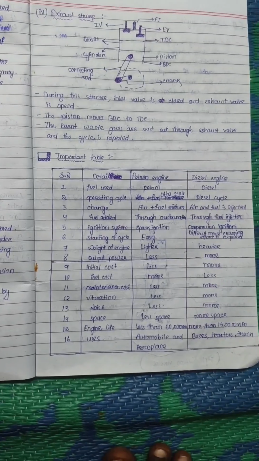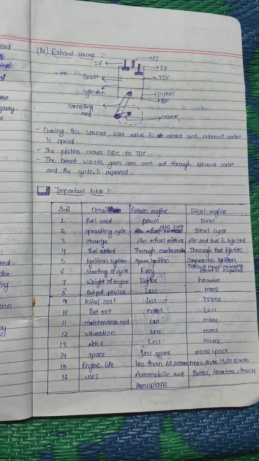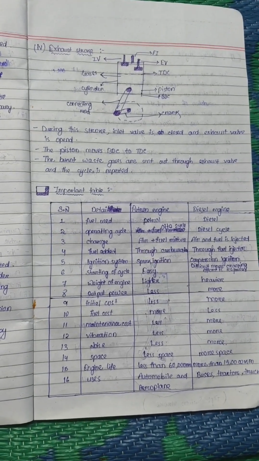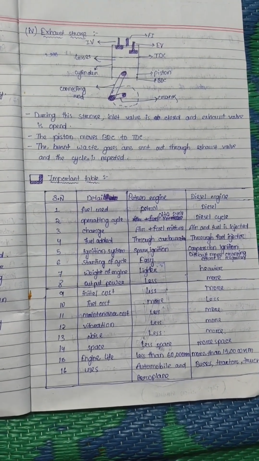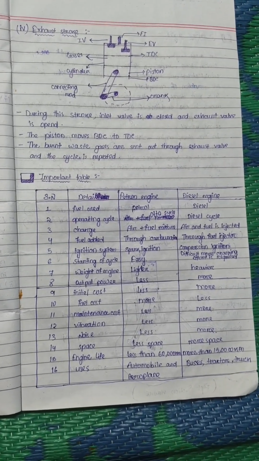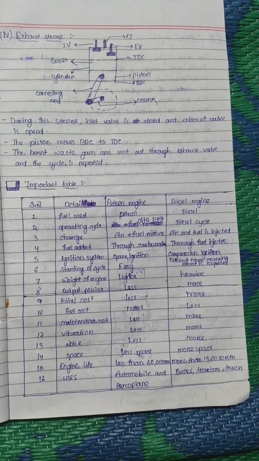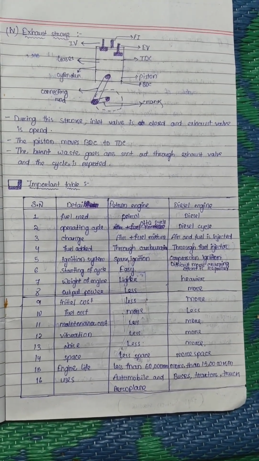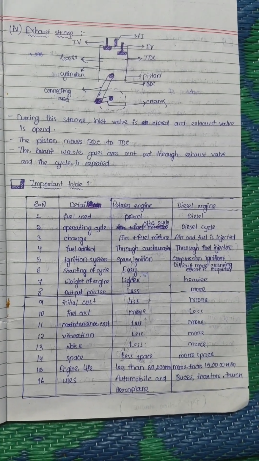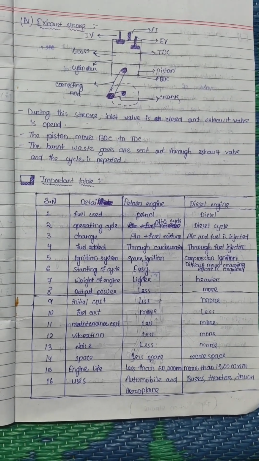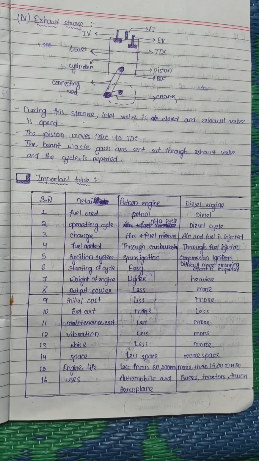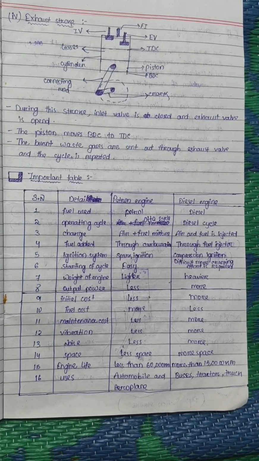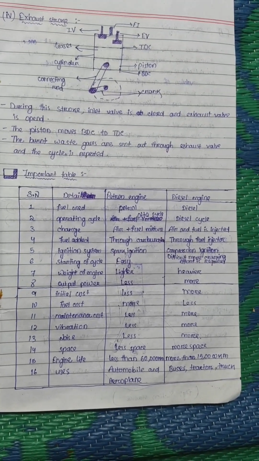And now we have some important terms. The fuel used in a petrol engine is petrol and in a diesel engine it's diesel. Operating cycle: in a petrol engine it is the Otto cycle and in a diesel engine it is the diesel cycle. Charge: in a petrol engine it is an air plus fuel mixture, and in diesel it's air, with fuel injected. In a petrol engine, fuel is added through a carburetor, and in a diesel engine it is injected.